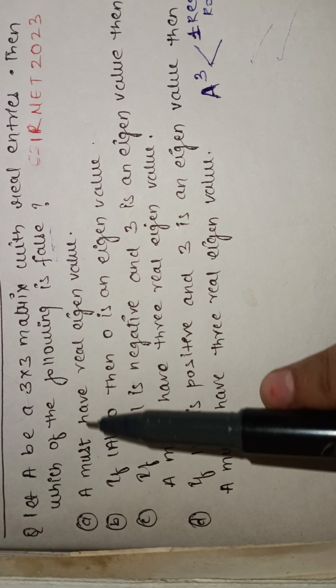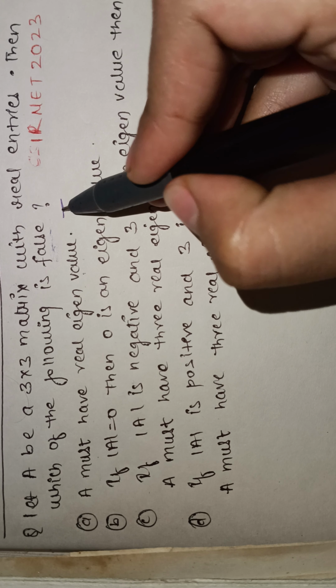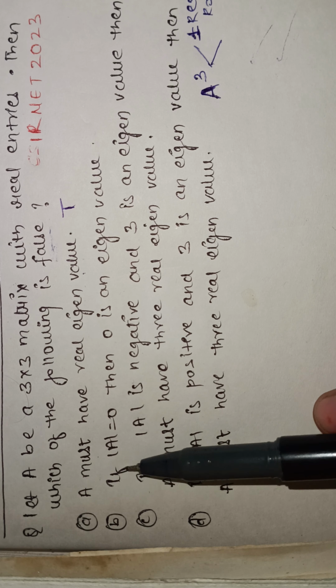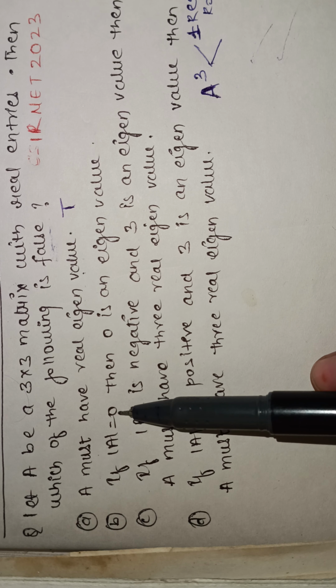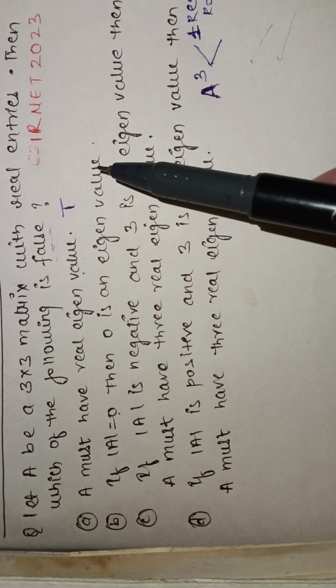So the option A must have a real root is a true option.